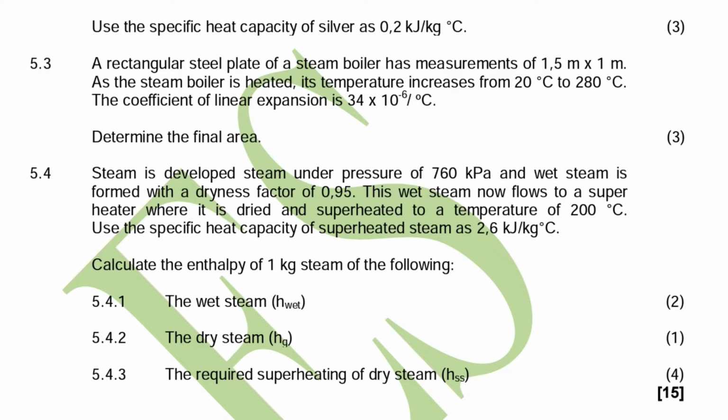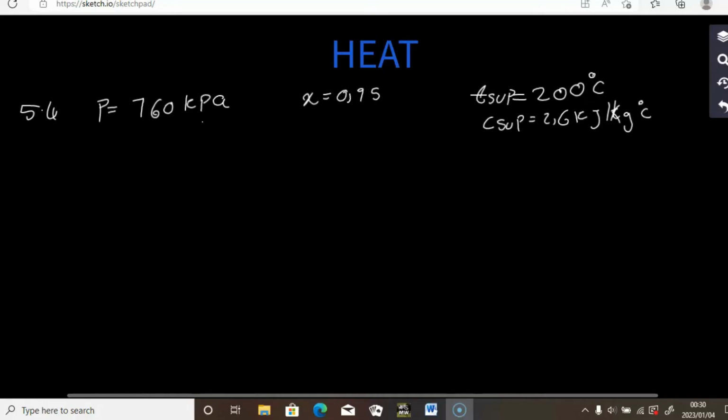Question number 1. They say calculate the enthalpy of 1 kg steam of the following. Question 5.4.1, the wet steam. Question number 2, the dry steam. And then they say the required superheating of dry steam. So this is the data that we are given.